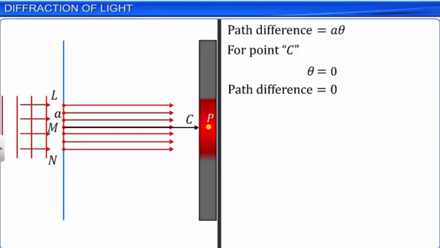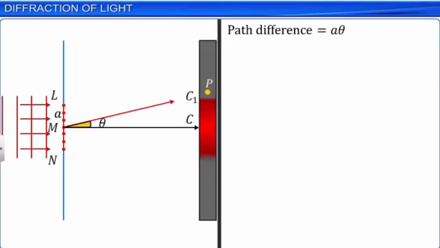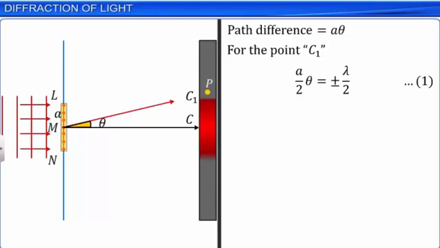Now consider another point C1 on the screen, such that A by 2 into theta is equal to plus or minus lambda by 2. Let this be equation 1. Imagine that the slit is divided into two equal halves, Lm and Mn, with a width of A by 2 each.